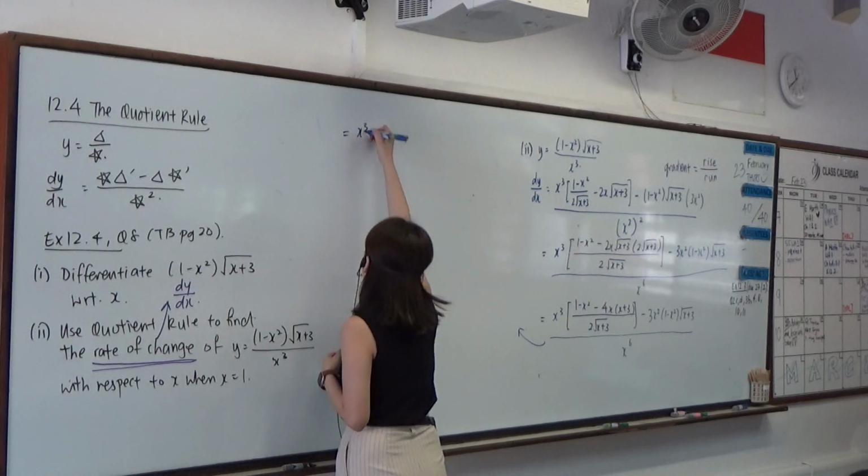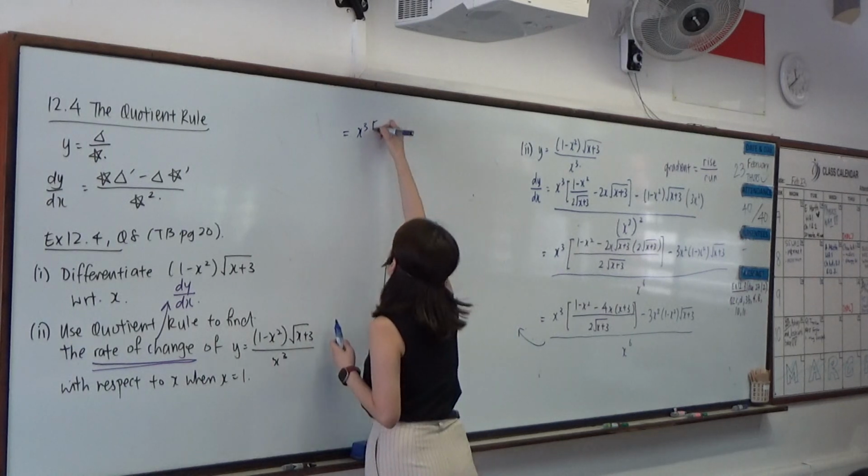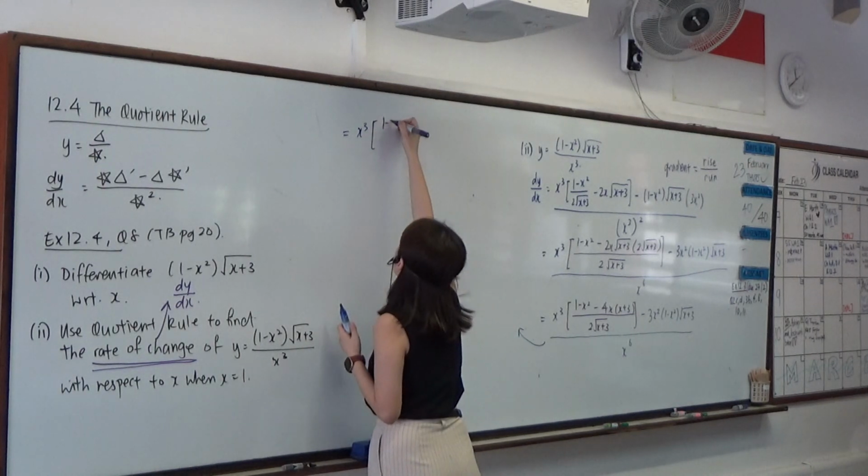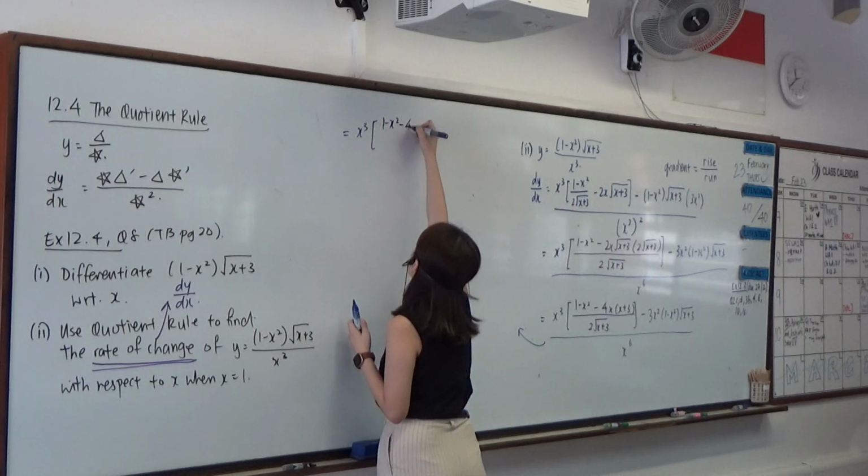Get x cubed, and then 1 minus x squared. That's all x squared.